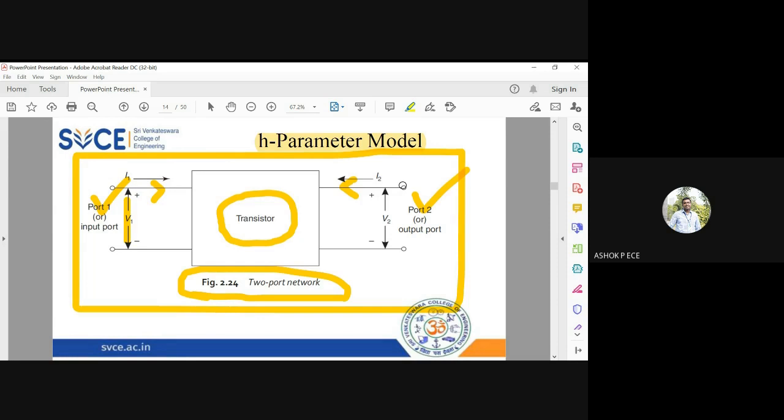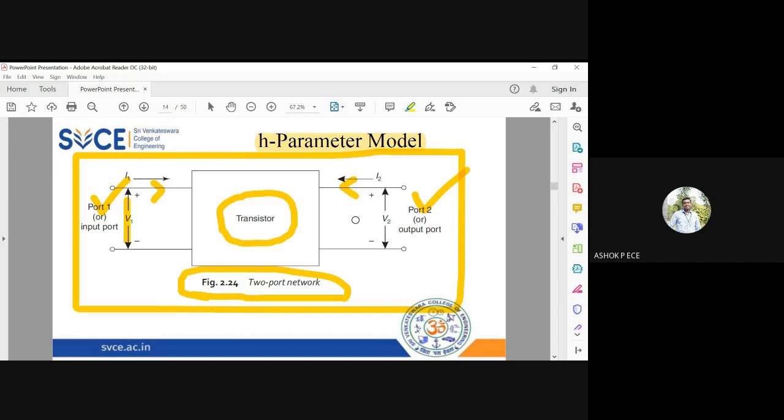One of your friends says you are very good at academics. So each one is viewing a different perspective of yourself, right? Same way, all these models are giving different perspectives of a transistor. There is no room for comparing which model is best, which model is worst. I need the Ebers-Moll model also. I need the H parameter model also because each will be applied at a different point of time.